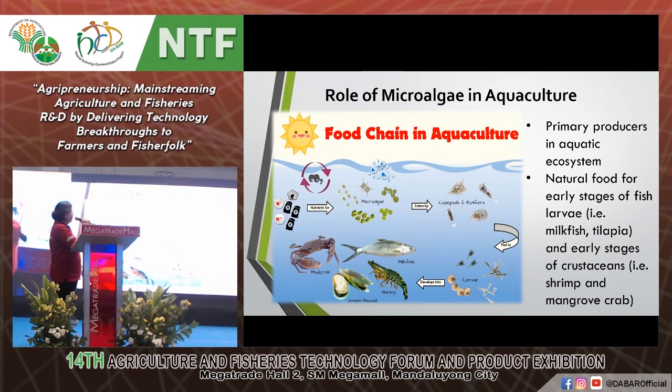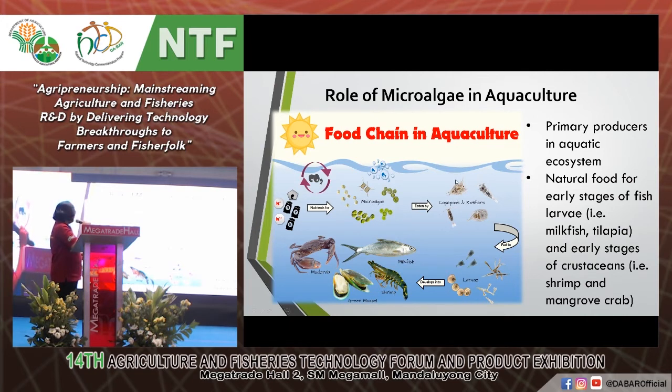And ito rin ang kinakain ng maliliit na isda, mga babies. Lumalaki sila, they become larvae, develop into malalaki, to grow out, sa grow out system that can be fed for milkfish, for shrimp, green mussels, mud crab, and other aquaculture commodities.